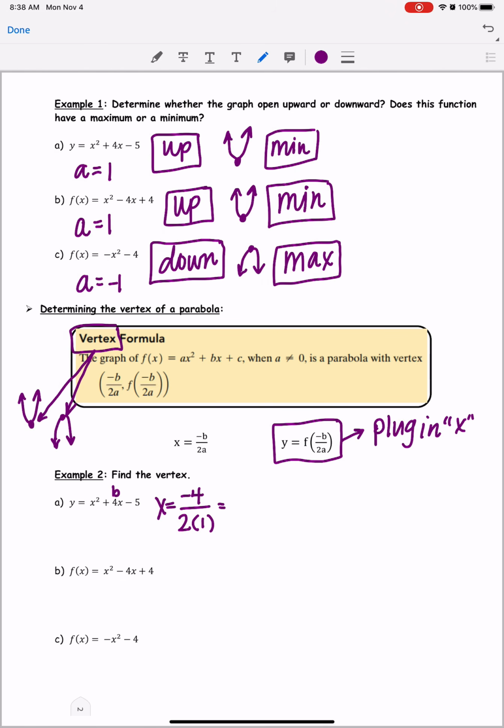So now just simplify this. We get negative 4 over 2, and negative 4 over 2 is negative 2.